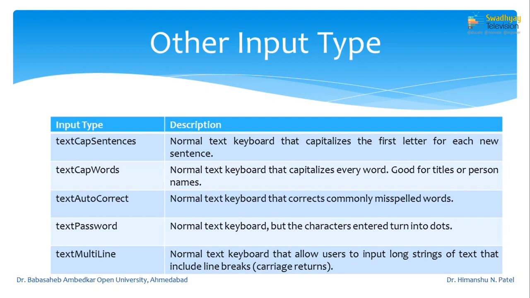Now, what to do when I want to use multiple input types? For example, I want to use the name of a person, but each word should be capitalized. So, I specify the input type as text, and another requirement is every word should be capitalized.